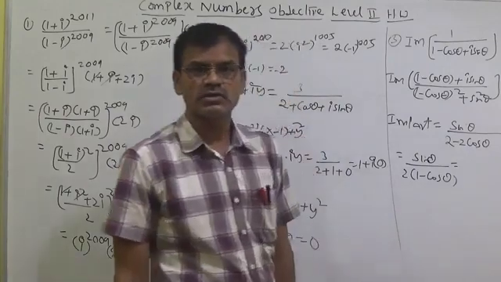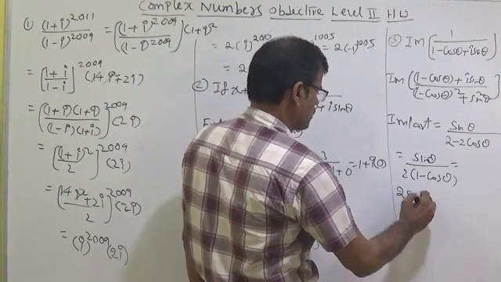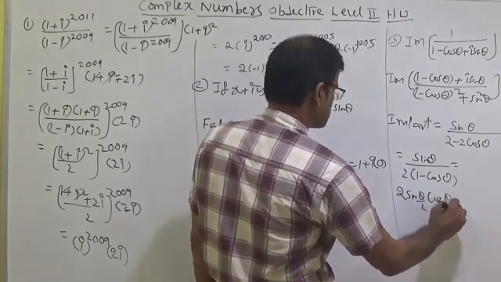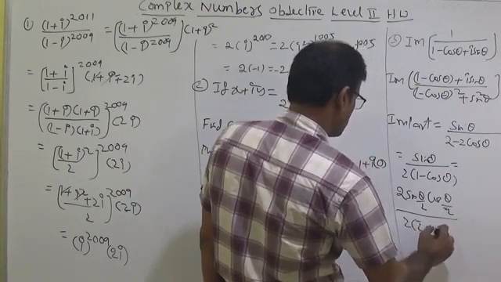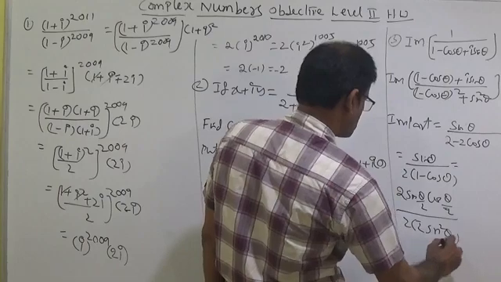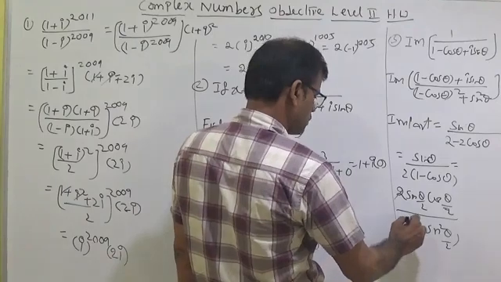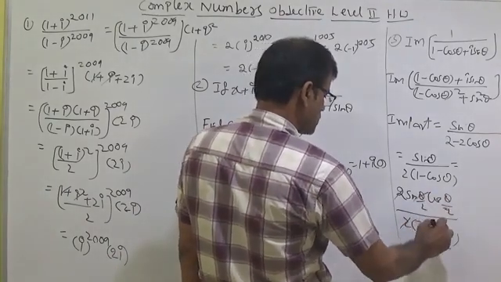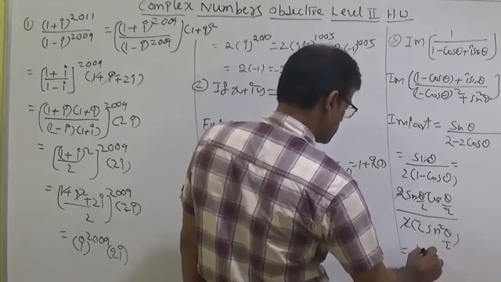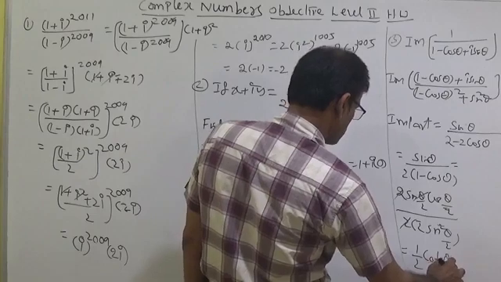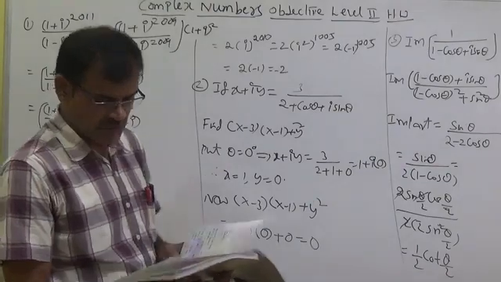Sin theta can be written with the submultiple angle formula as 2 sin(theta/2) cos(theta/2), over 2 into 2 sin^2(theta/2). Sin gets cancelled. So cos(theta/2) / sin(theta/2) becomes cot(theta/2). It is 1/2 into cot(theta/2), second option.